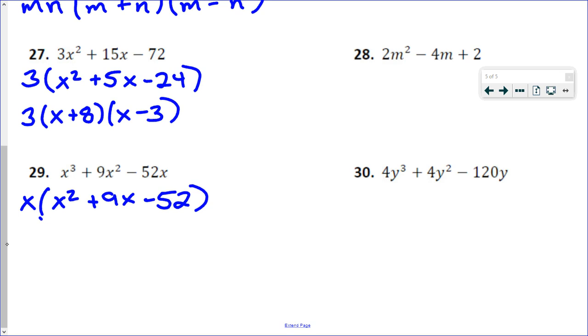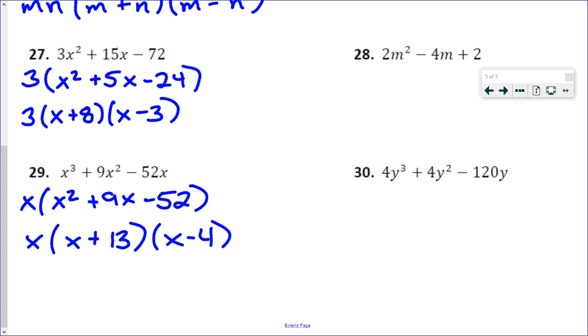So we have x times x plus 13 times x minus 4.